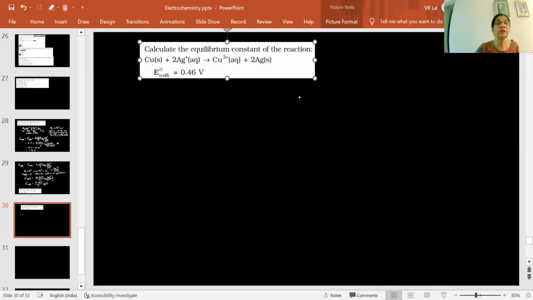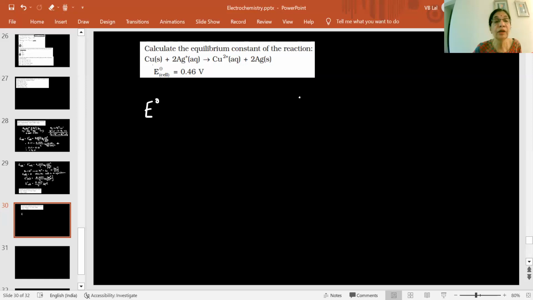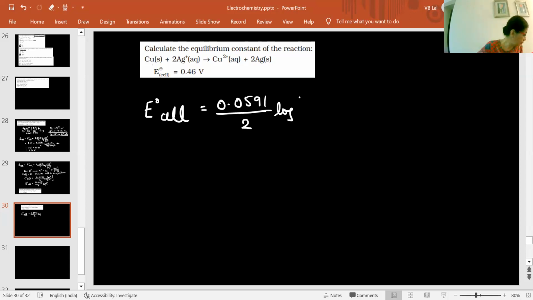First write E0 cell will be equal to 0.0591 by number of electrons that have changed, N is equal to 2, log of Kc, the equilibrium constant.